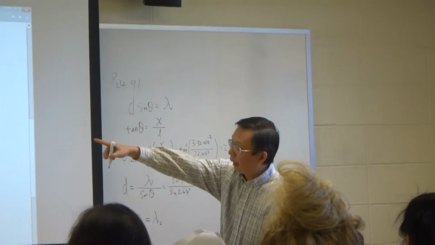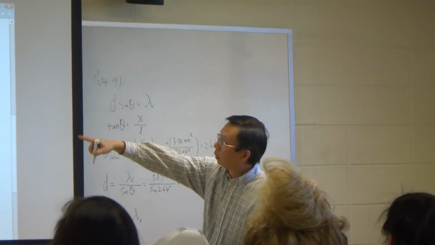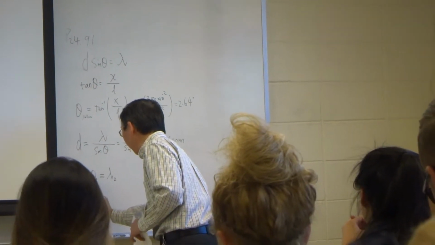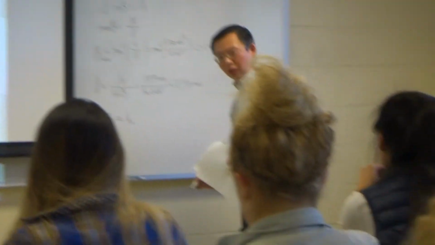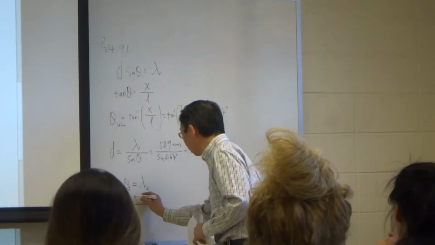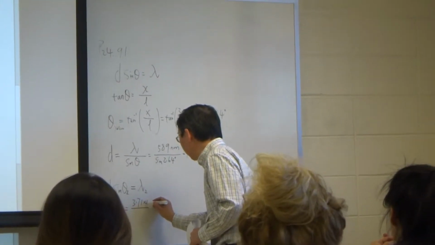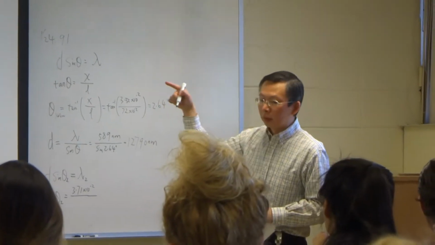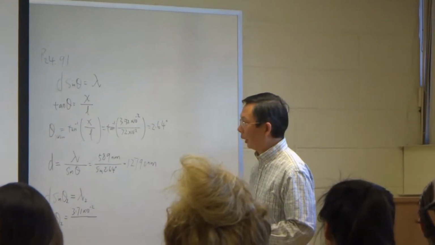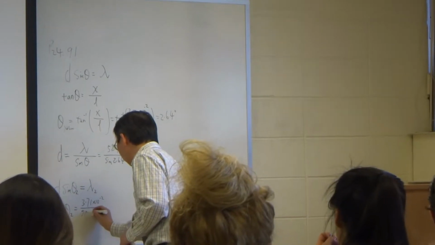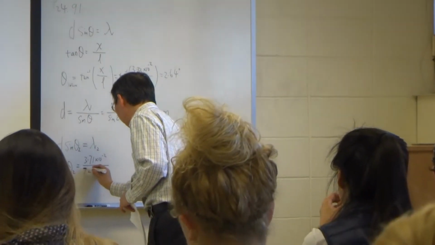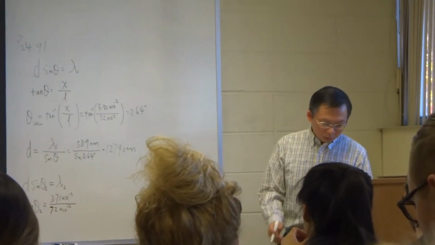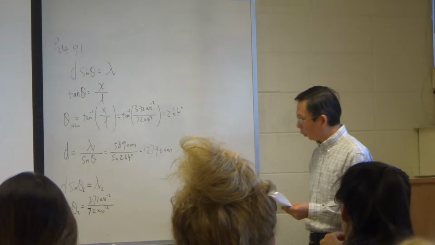We are told that X is 3.71, so the tangent of theta 2 equals 3.71 centimeters divided by the distance between the screen and the grating, that's 72 centimeters. Okay? So from this, you can calculate the angle theta 2.